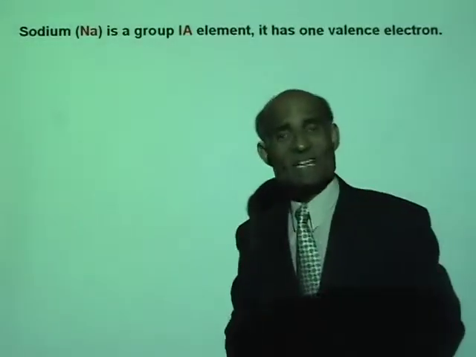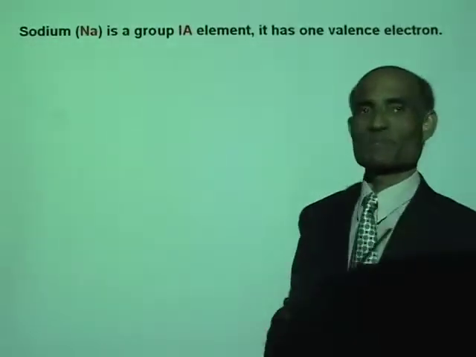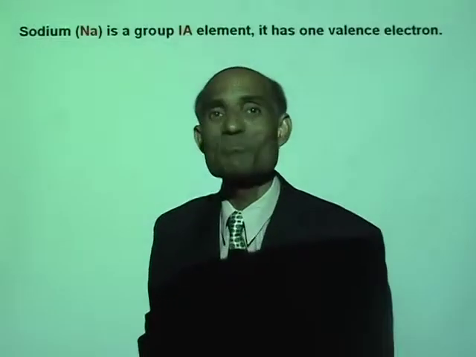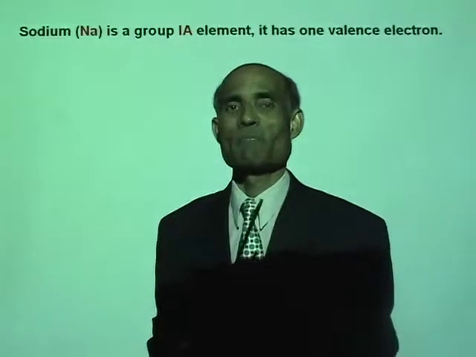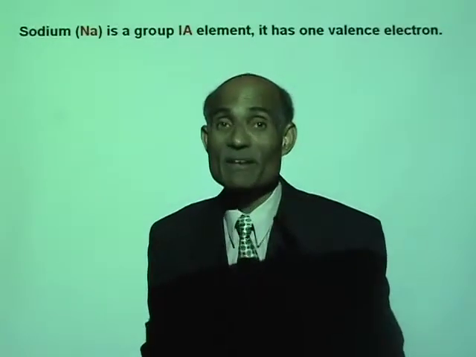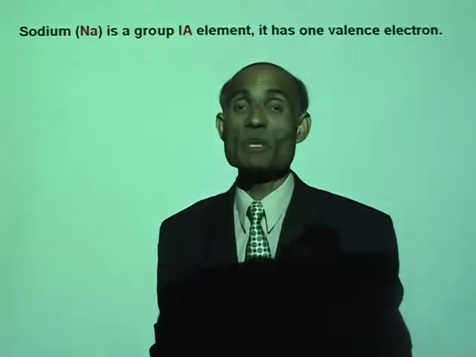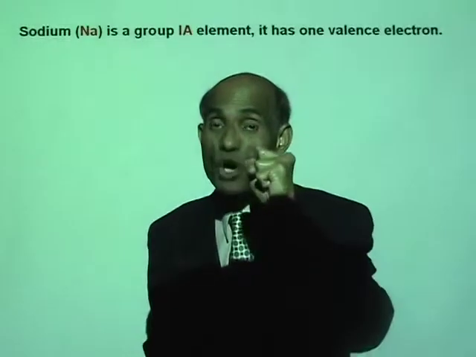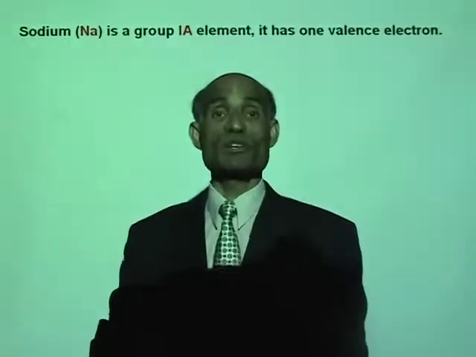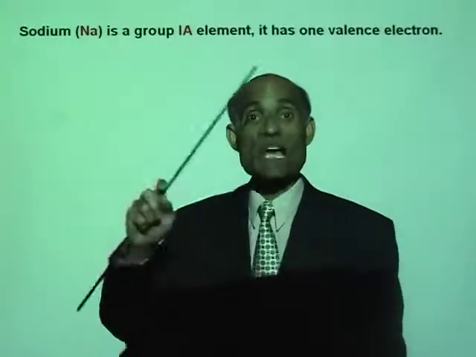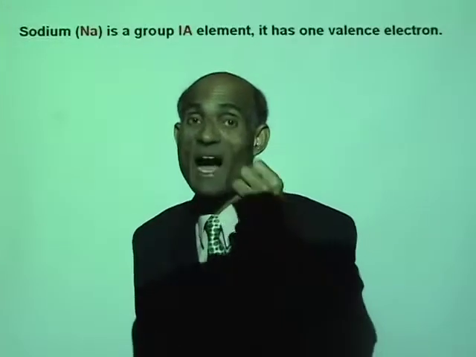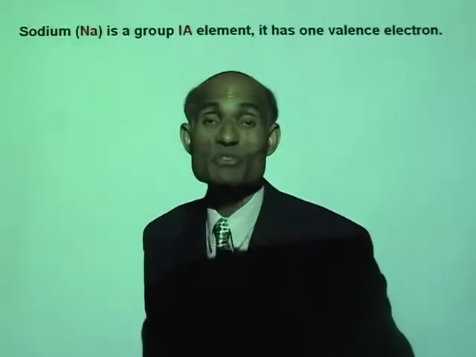Now, let's look at a couple of examples. Sodium. Now, how many of you remember the atomic number of sodium? The atomic number of sodium is 11. Sodium has 11 protons in the nucleus and 11 electrons in shells around it. Alright, can you picture how these electrons are arranged?